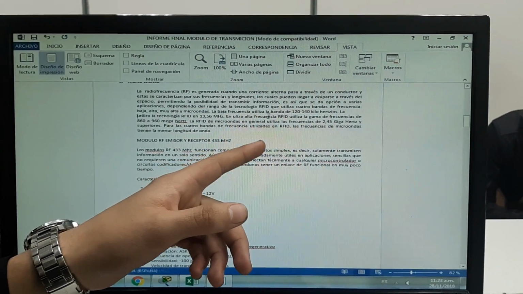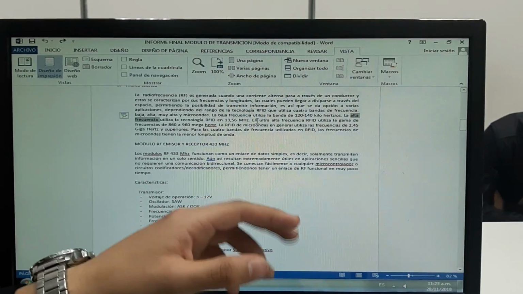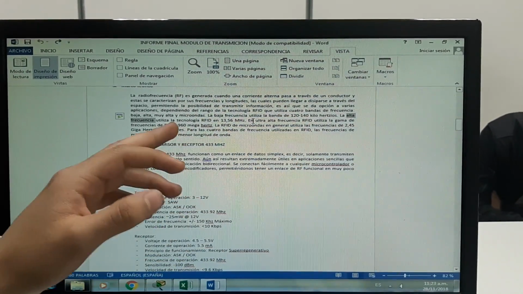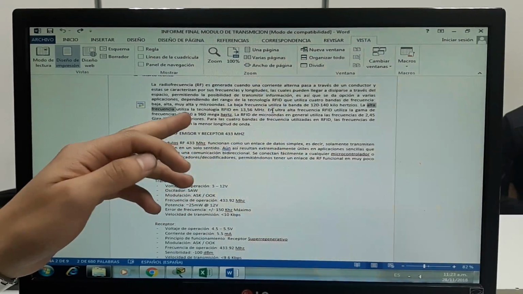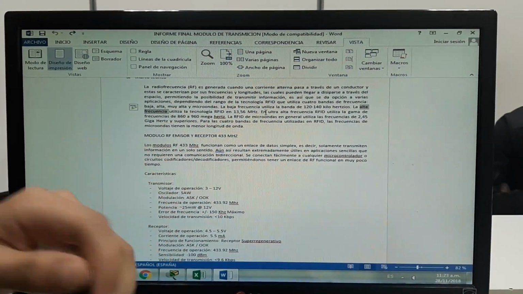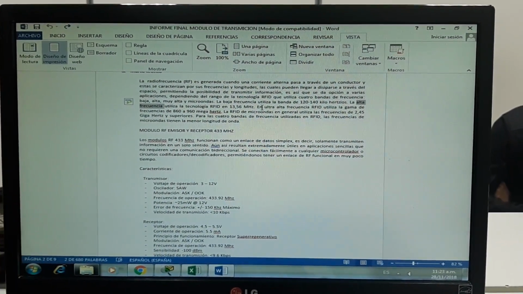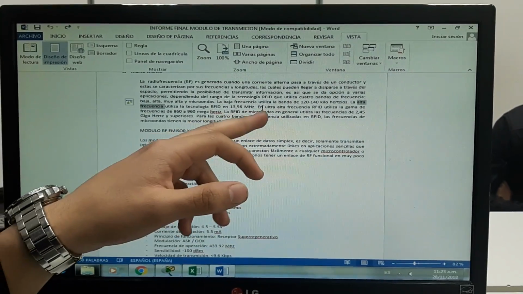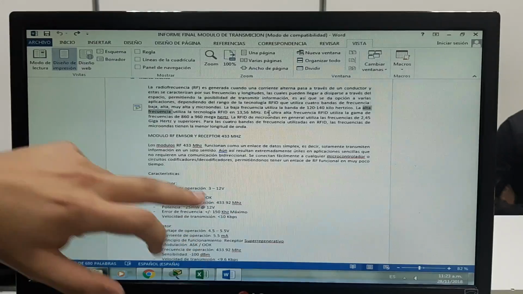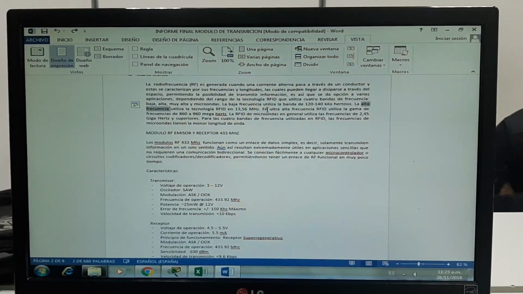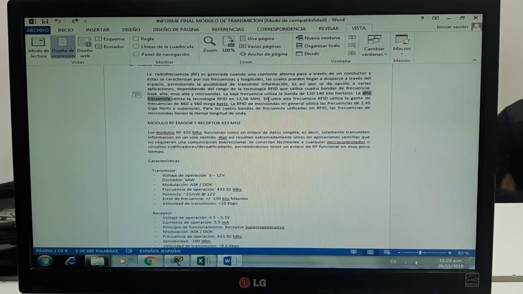Then there is the ultra high frequency that is between 860 and 960 megahertz. Then we have the microwaves that are over the 2.45 gigahertz and over.